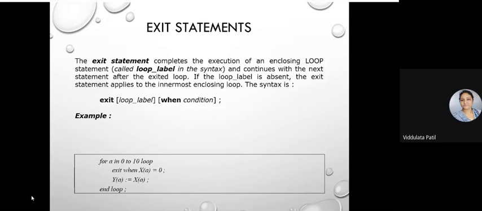As the value of a ranges from 0 to 10, we are going to iterate this 10 times, sorry, 11 times. And when the value of x of a becomes 0, then it will end this loop and come out of the loop. Otherwise, y of a will be equal to x of a.